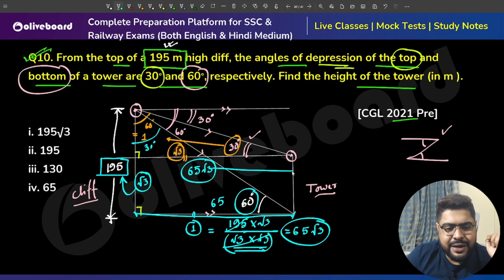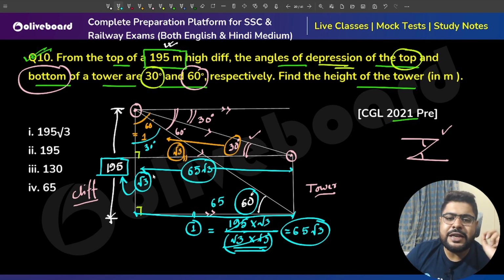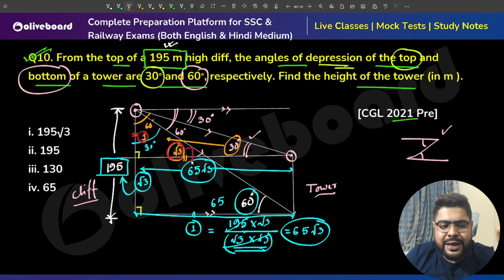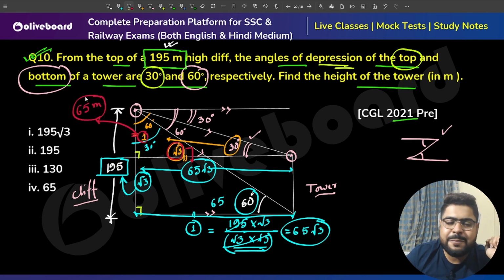You understand my point? Now take the smaller triangle: this part was 1 and this was root 3. So root 3 units is 65 root 3, so 1 unit value will be 65, with root 3 cancelling.